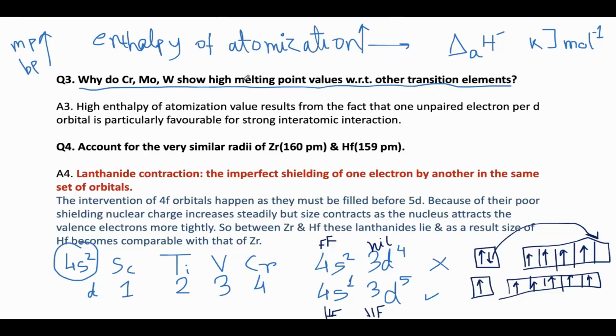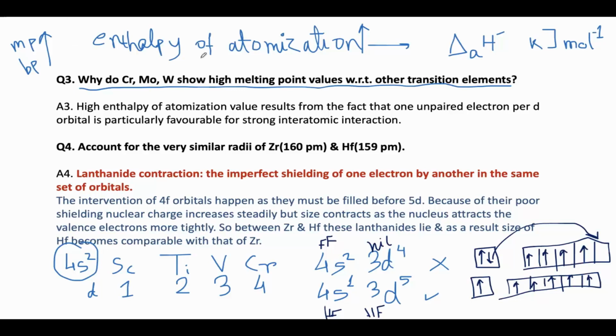This was because the number of unpaired electrons has some connection with the enthalpy of atomization, and the enthalpy of atomization has a direct connection with the melting point or the boiling point. So if we have to answer such a question, we have to go to the back references. We have to go back and back and back, and ultimately from the core we have to answer.